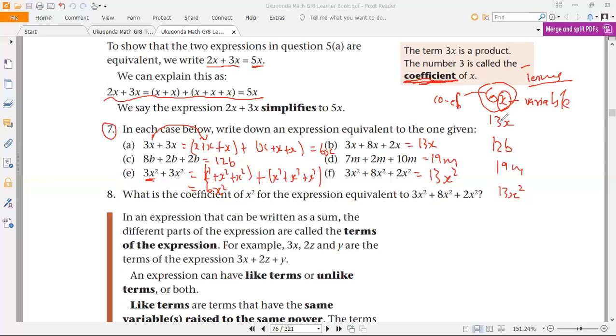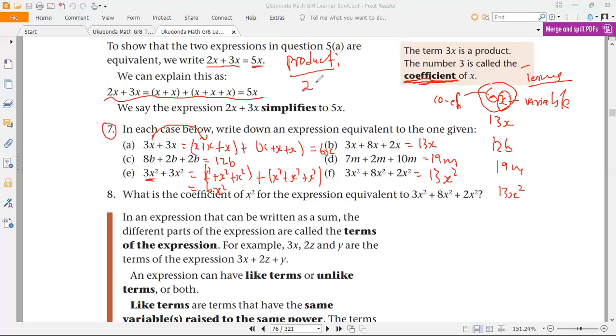So what is a term then? A term is a product of a number and a variable, or you can say a product of a coefficient and a variable. Now, what is a product? A product, guys, if you don't remember this, is a result of multiplication.